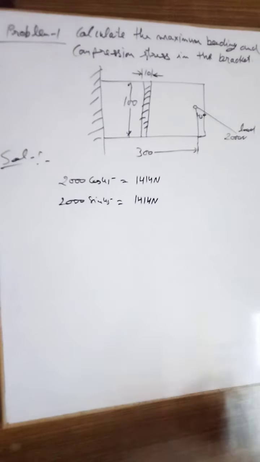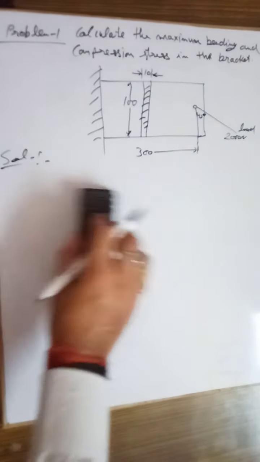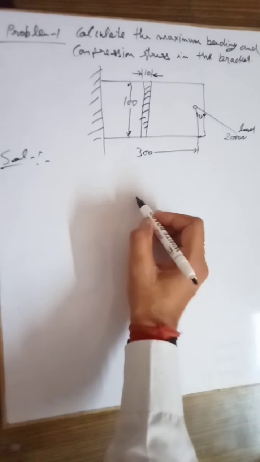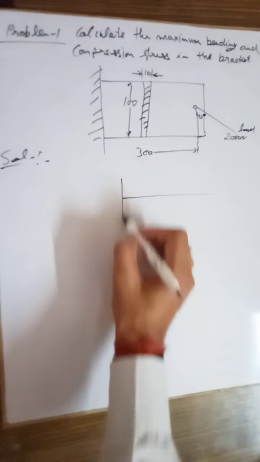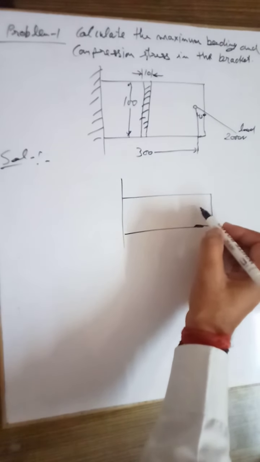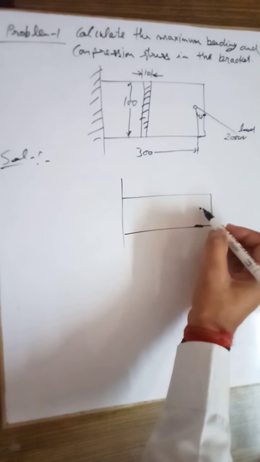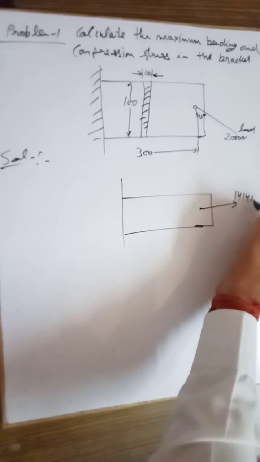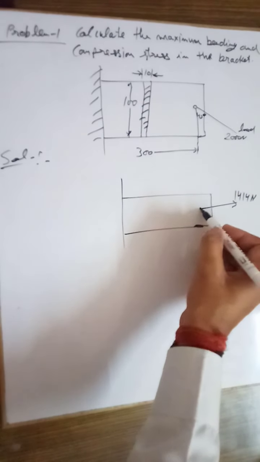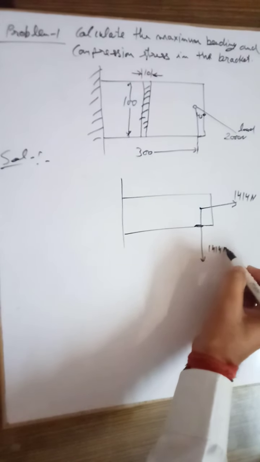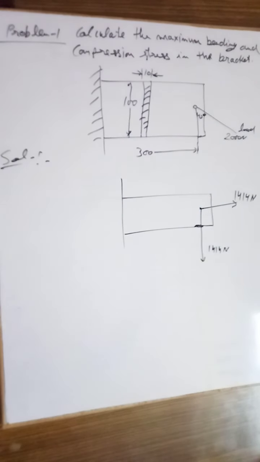Okay, so let me draw this figure again. Let me draw the free body diagram for this structure. If this is our structure, then at this point a force of 1414 Newton will be applied along this direction, and a force of again 1414 Newton along this direction.